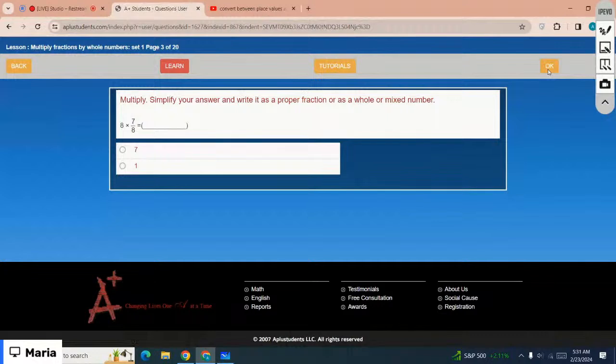Multiply 8 times 7 over 8. Which is the correct option? Multiply and write the answer in the chat box. So, which is the correct option?